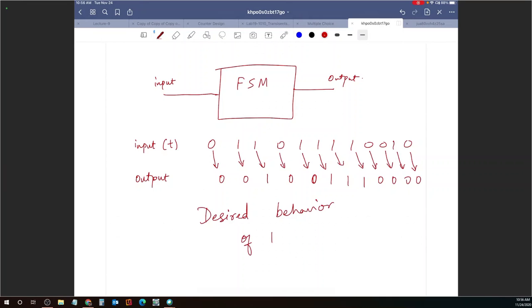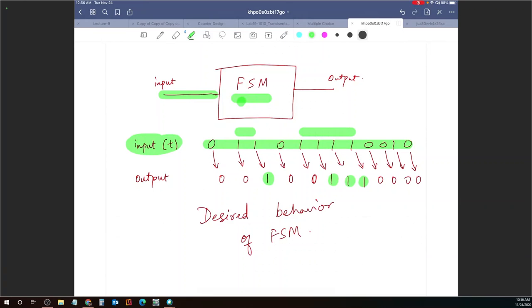This is just to explain the desired behavior of the FSM. Your input is coming on one wire, a bit stream coming in on that one wire. Your finite state machine needs to observe that bit sequence, and as soon as it sees two consecutive ones or more, it needs to make the output 1.